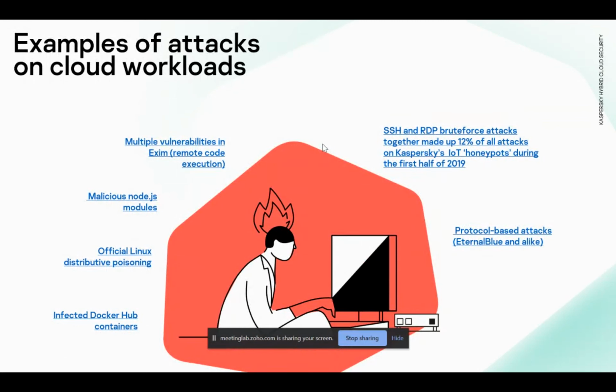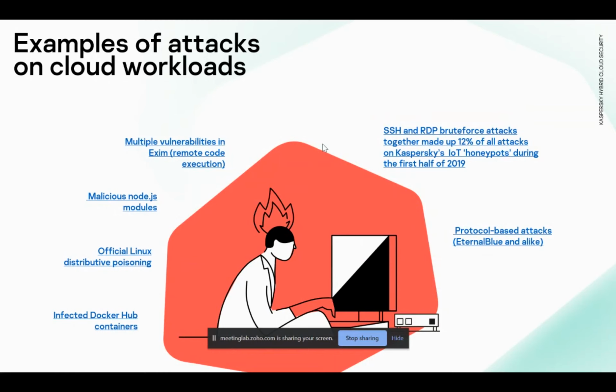Examples of some of the attacks on cloud workloads are malicious Node.js modules. Node.js has modules which can be installed on your workload, so if you use some malicious ones, your systems can be infected.